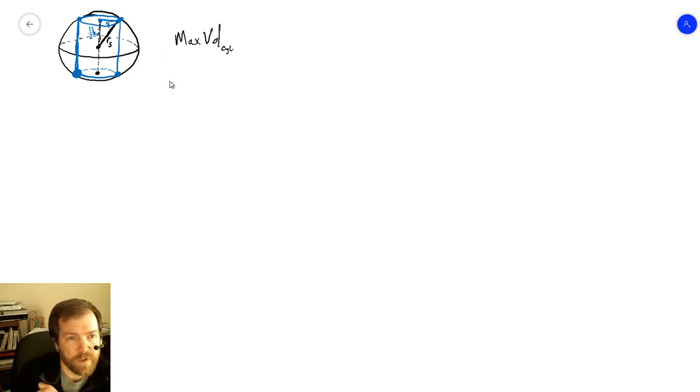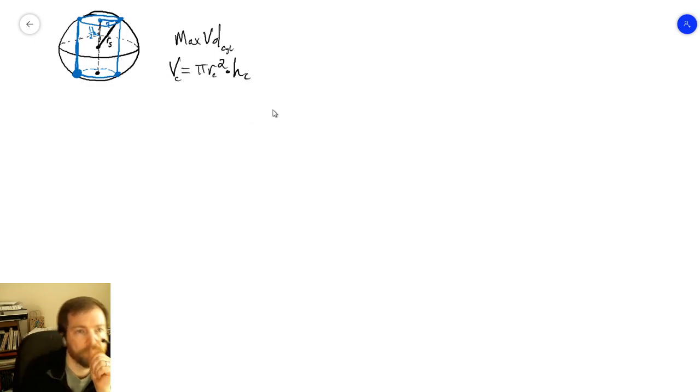Here again the volume for the cylinder is going to be pi r cylinder squared times the full height of the cylinder. And we need to compare that to the radius of the sphere, or find a relationship between the height of the cylinder and the radius of the cylinder, which depends on what you want to do here.